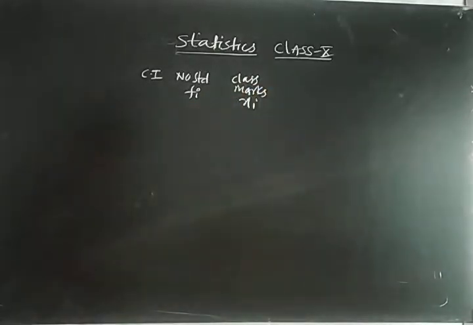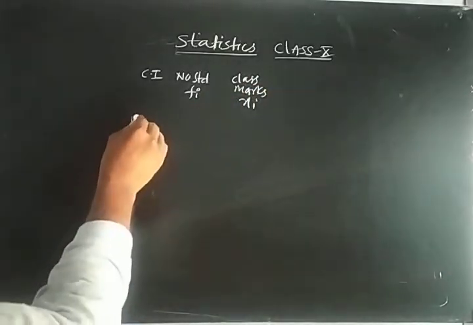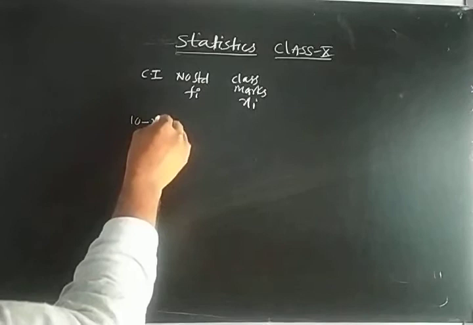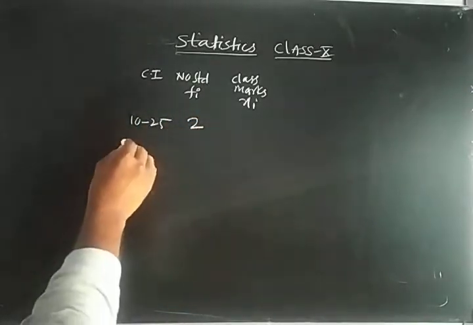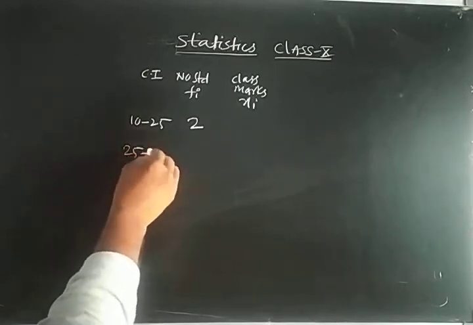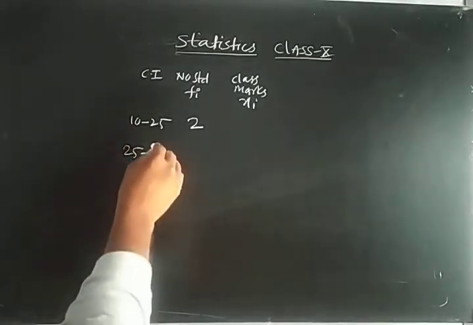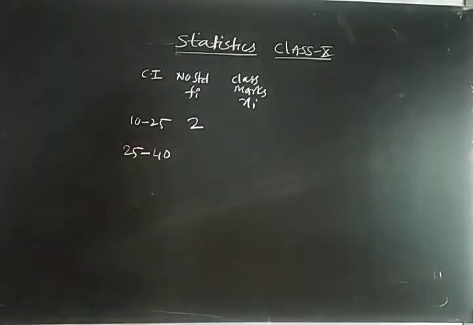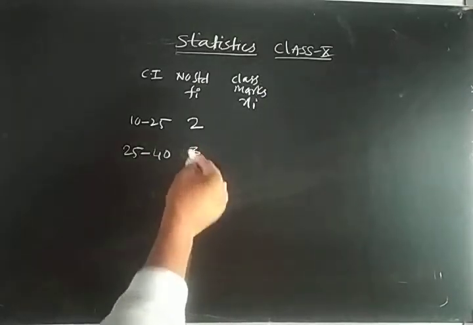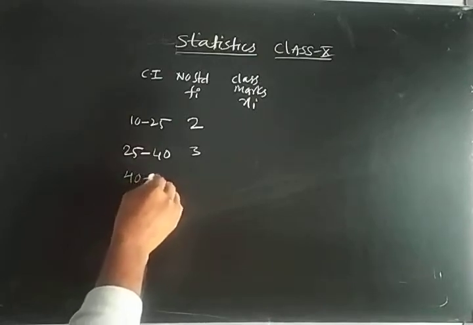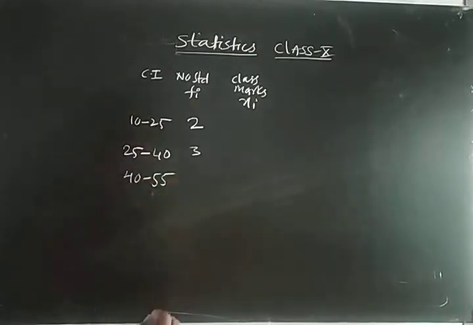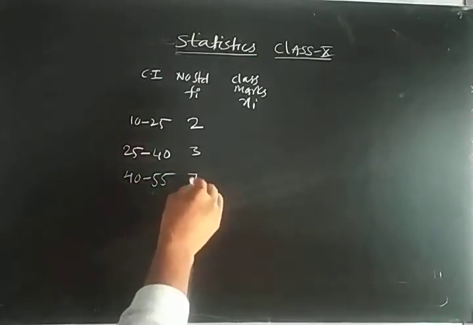So what are the given class intervals? 10 to 25, first interval: number of students who obtained these marks is 2. Next, 25 to 40: number of students is 3. Next, 40 to 55: number of students 7.